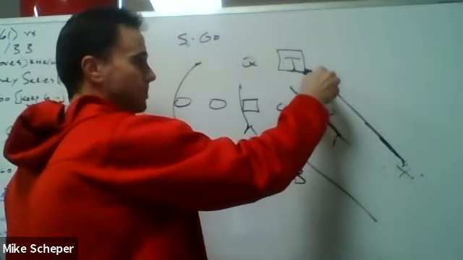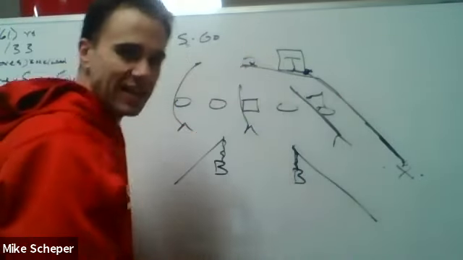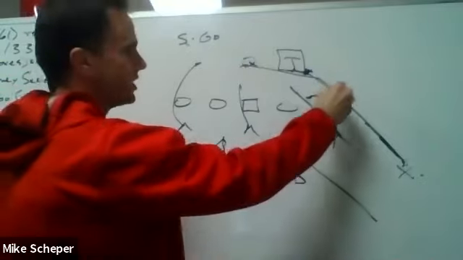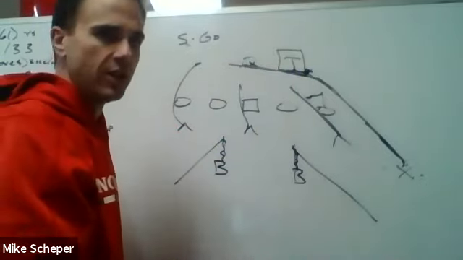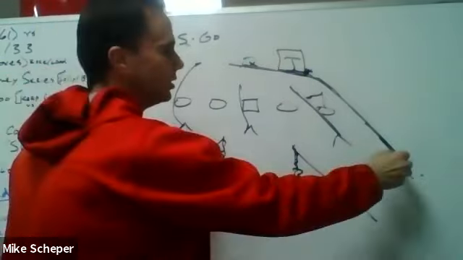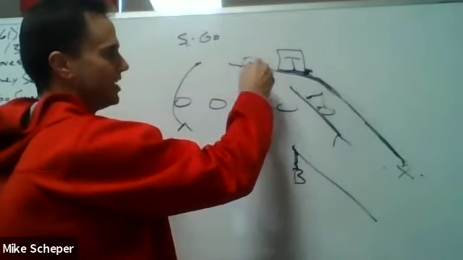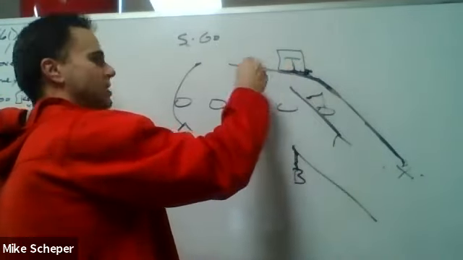If the back blocks me, scream right now. Come across his face, take that awkward, jacked up looking angle and get to the feet of the quarterback and bring him with you.